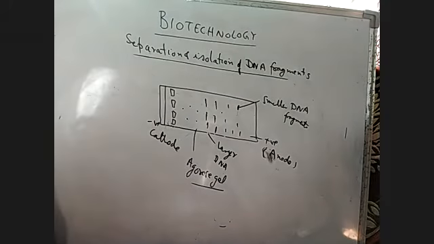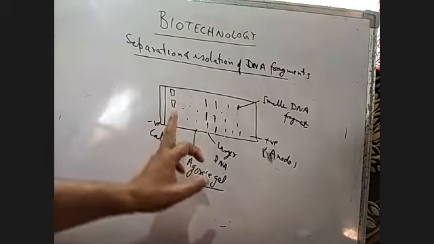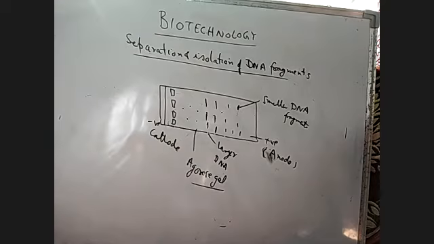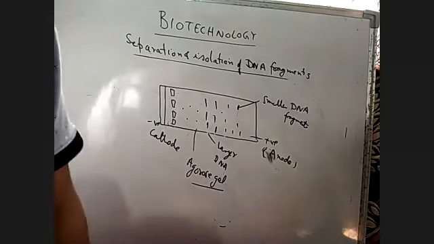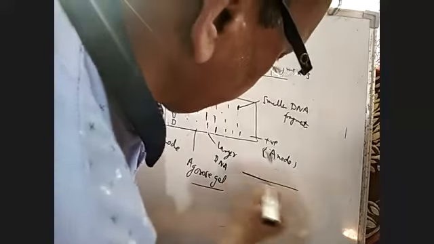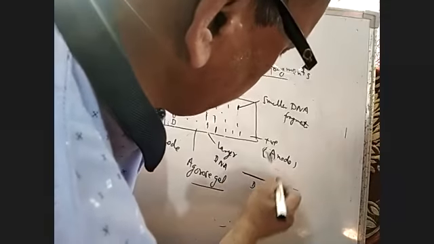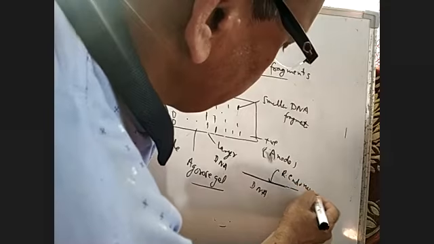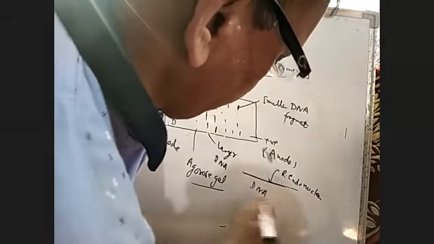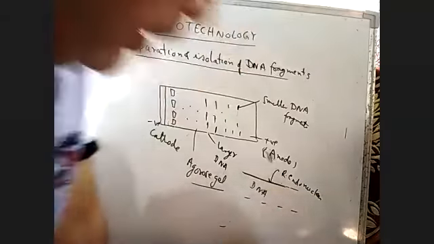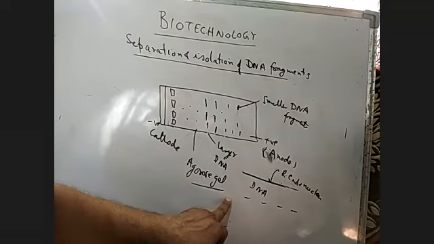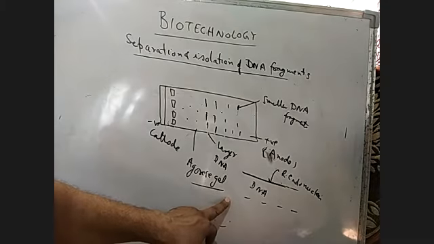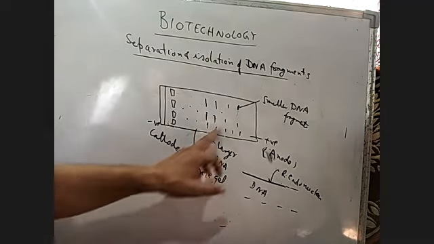So what we do here, first of all, DNA is cut into fragments by the enzyme restriction endonuclease. Suppose this is the DNA, and by the restriction endonuclease it will be cut into fragments. The fragments are separated by gel electrophoresis.